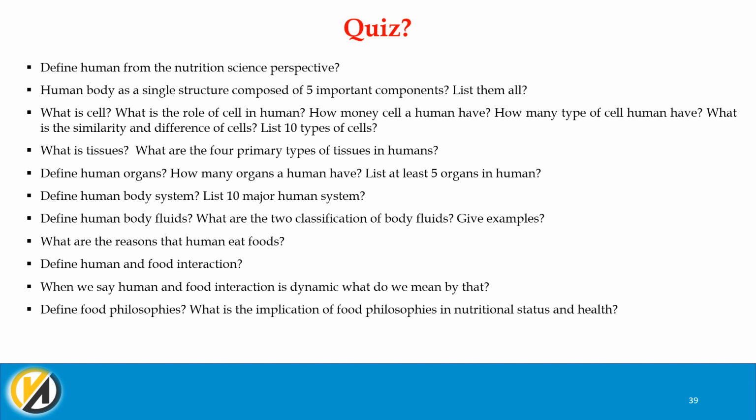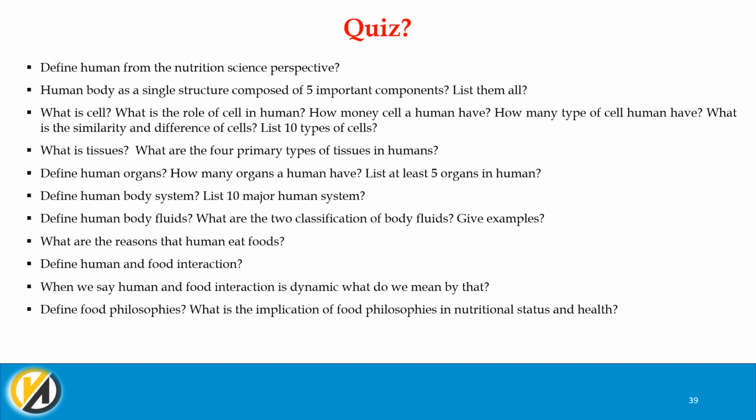Having said that, let us have some quizzes for part 2. You can pause the video and answer each question for yourself. The first question is, define human from the nutrition science perspective. Human body as a single structure is composed of 5 important components.